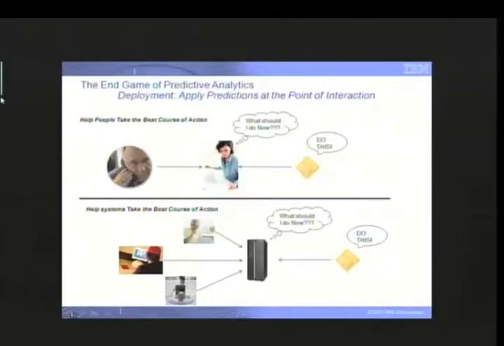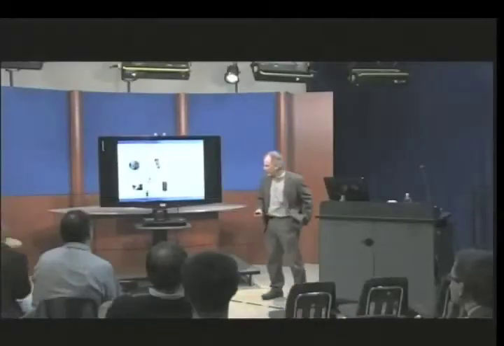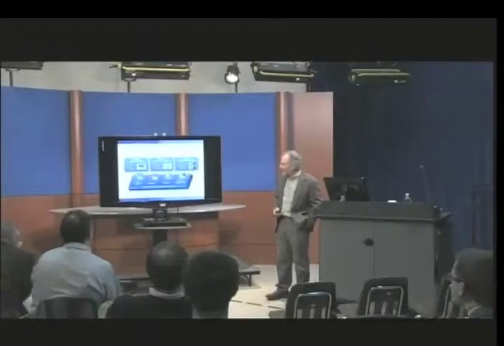A score is done while that customer's on the phone, and this person has a sense of what they should do relative to this customer, based on these scoring algorithms that come from the model. You may have no humans involved at all. In terms of the decision-making process, customers are interacting with your systems, and the systems are making dynamic decisions right there. They're scoring you, and a decision is made. Both of these environments are very common.